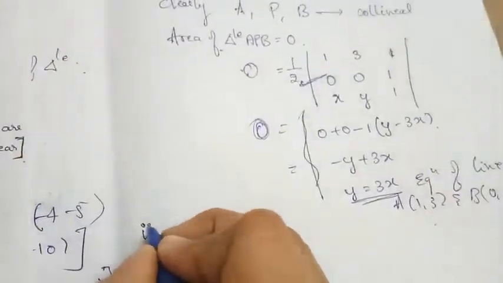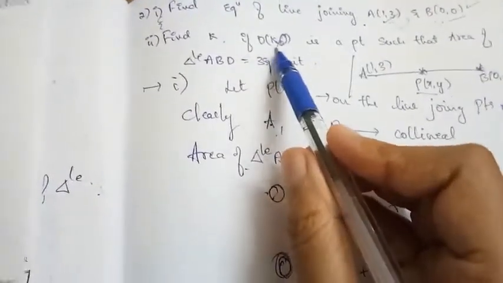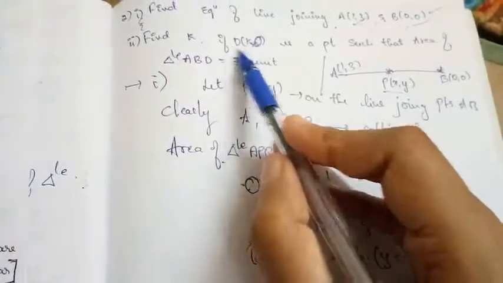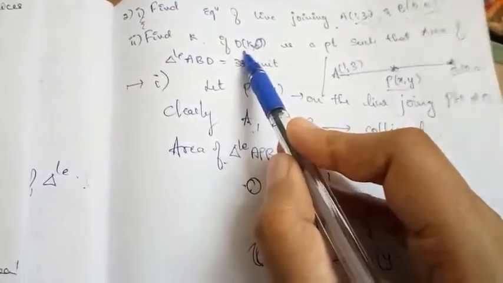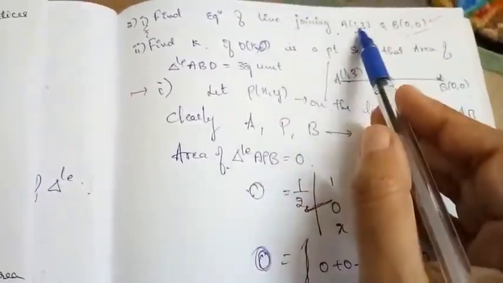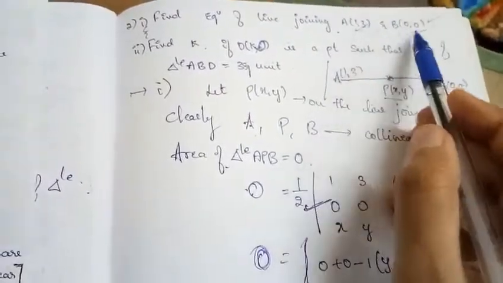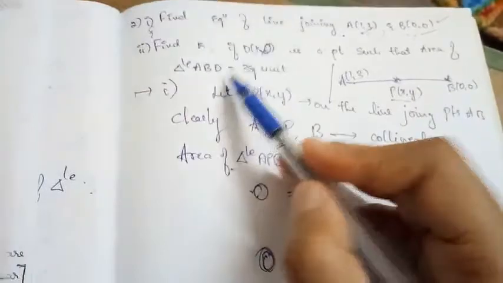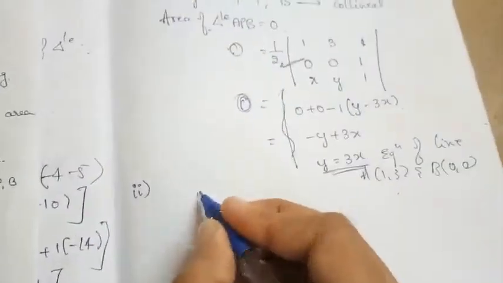What is the second part? They are saying D(k, 0) is any point; A and B are given, and the third point is D(k, 0). So now the 3 points are 1 comma 3, 0 comma 0, and k comma 0, and the area of the triangle is given as 3 square units. We need to find the value of k.